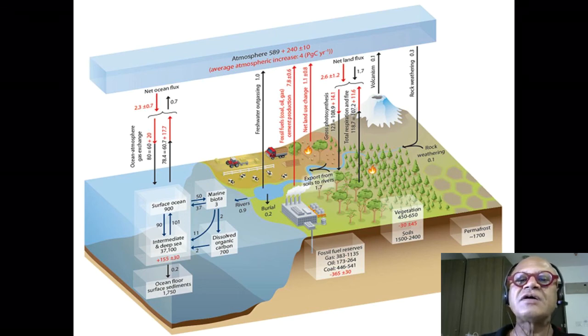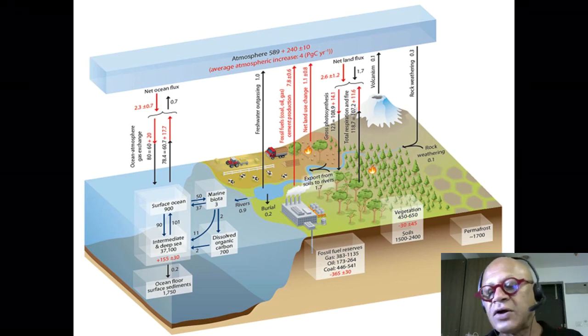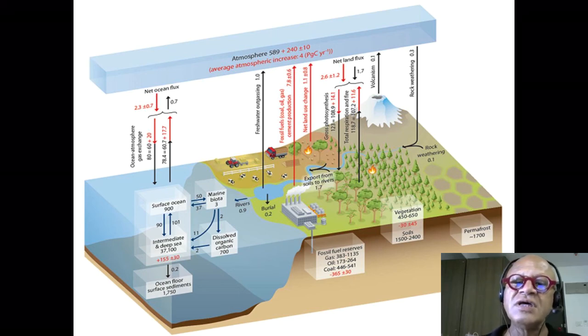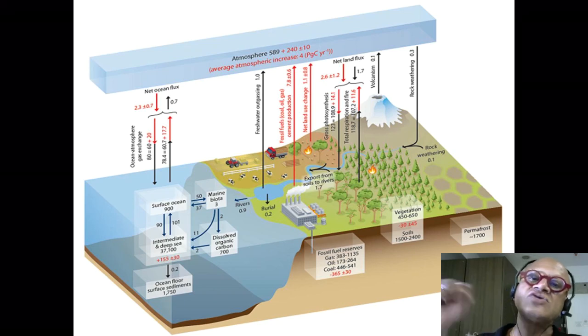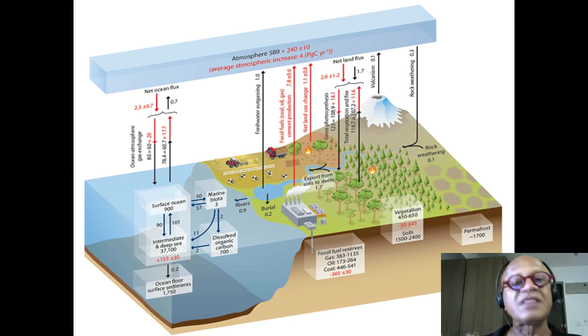So the atmospheric increase is about 4 petagrams carbon per year. I'm not going into all the details, but here are emissions from human beings, deforestation and burning, weathering. So there are sources and there are sinks. Volcanoes are a tiny source, but they have played a critical role in the past in terms of what they did during ice ages and so on.